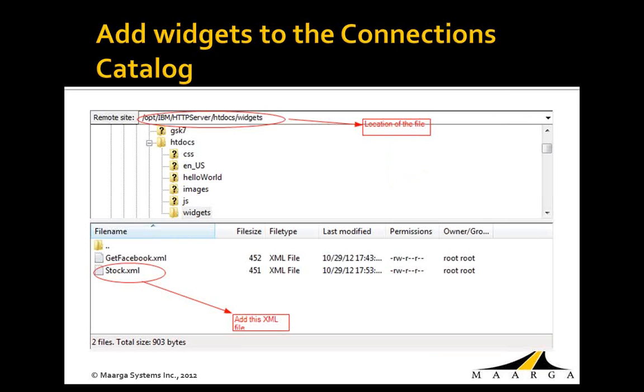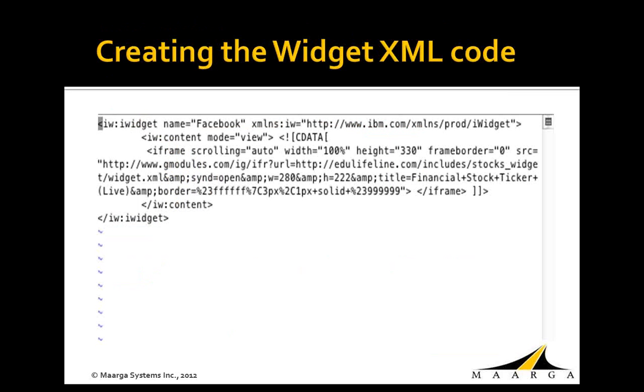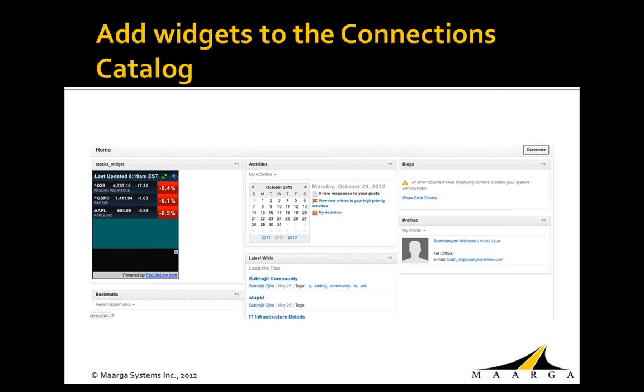This is the code that we include in the stock.xml widget. We typically have a widget tag and an iframe tag that has the URL of the particular XML of the widget. It is one of the Google widgets it's been taken from. That's quite straightforward, and this is how we get to see the stocks widget here, at the left of the screen.